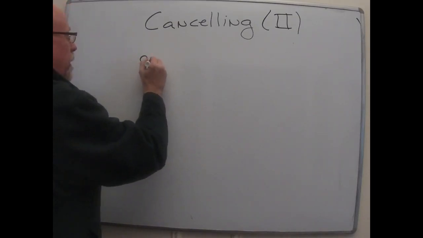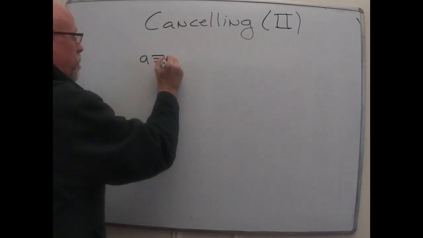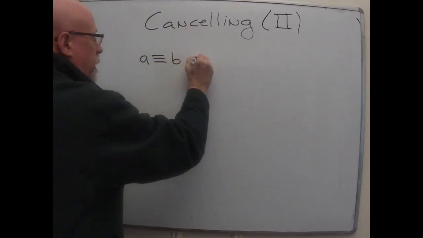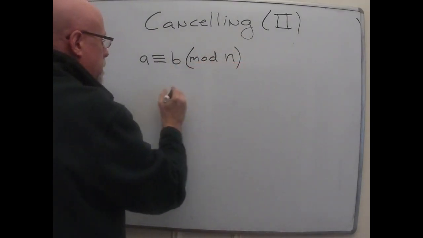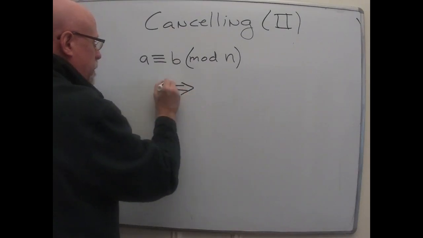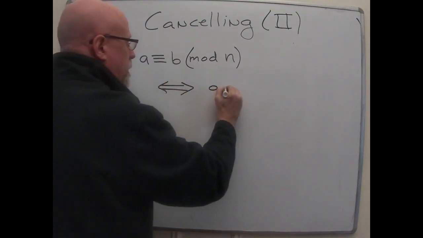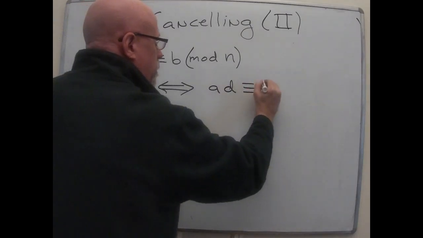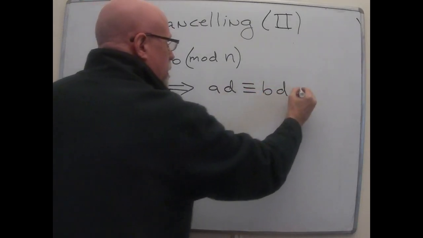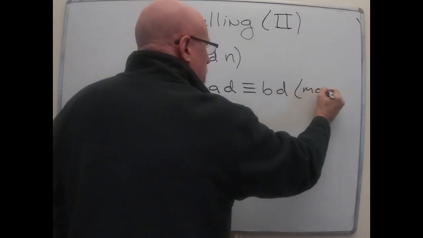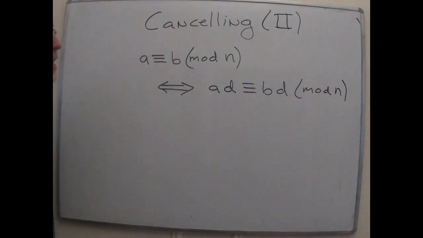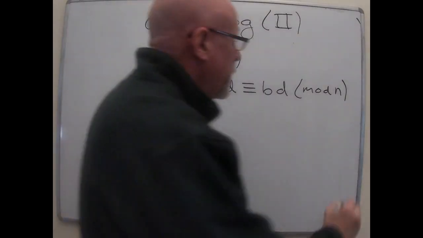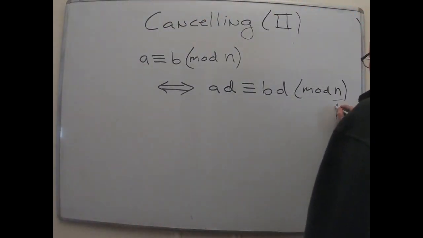It's that a being congruent to b mod n if and only if ad is congruent to bd mod n. The difference between this and the last statement is just right there.